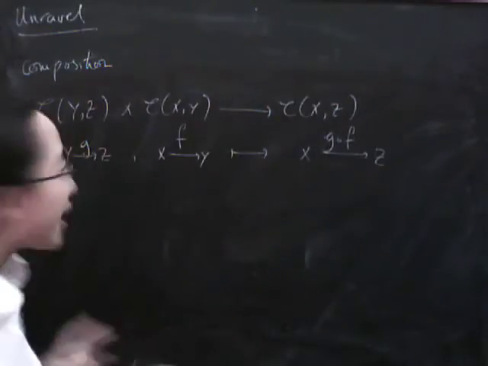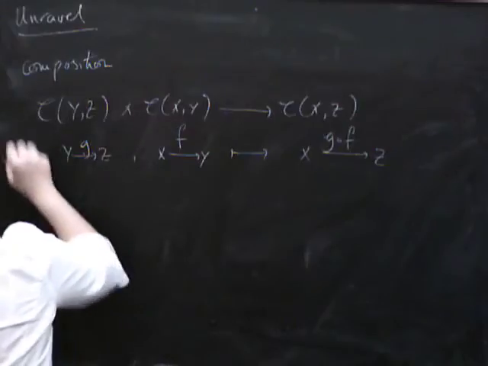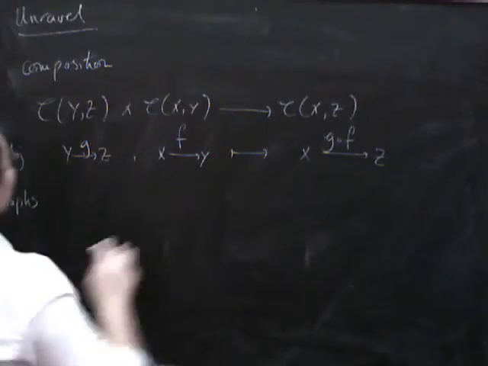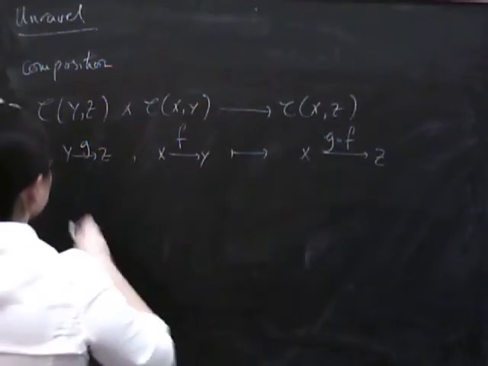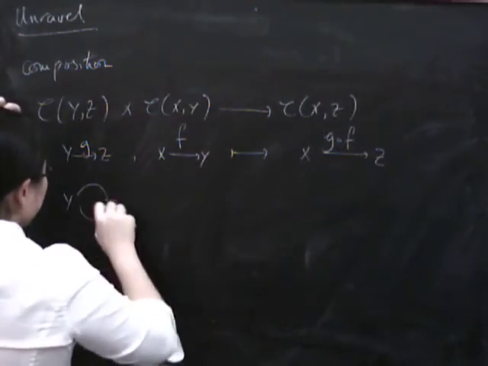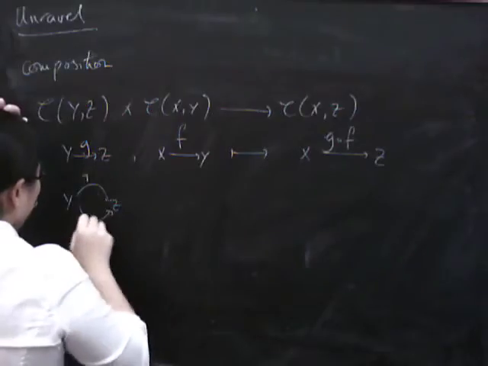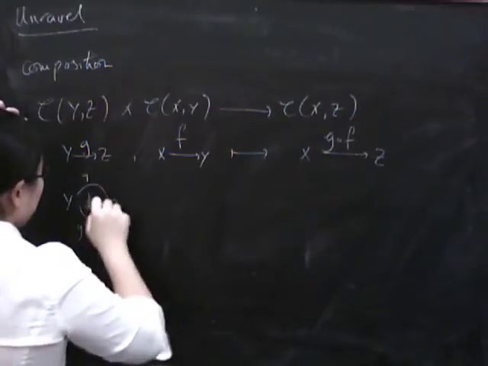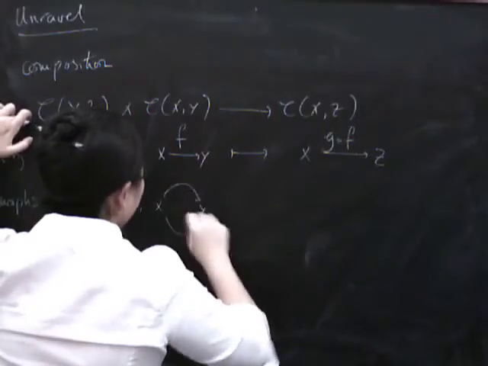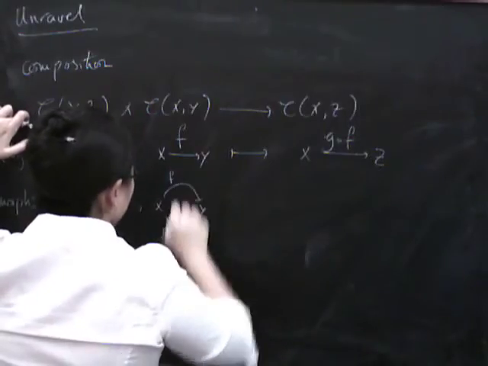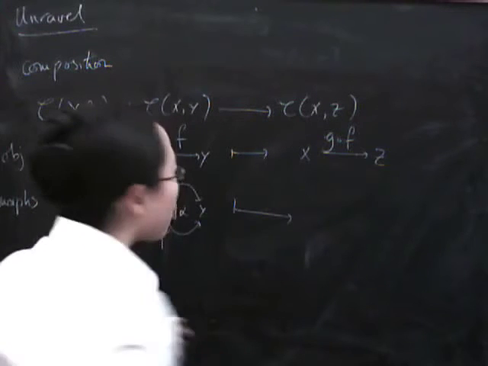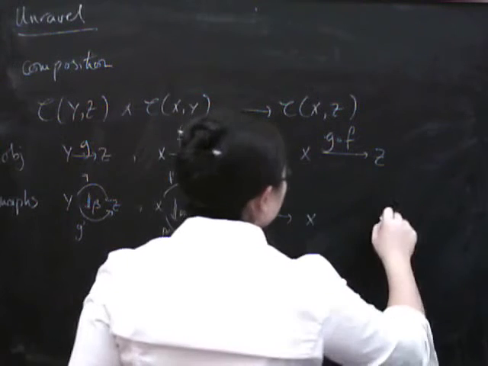No surprises there. That's what it does on objects. What does it do on morphisms? These things are categories, so there are morphisms as well. So what this is telling us is if we've got a morphism from G to G primed, which we might call beta, and we have a morphism from F to F primed, which we might call alpha, we have to produce something from, well, what's the source of it going to be?